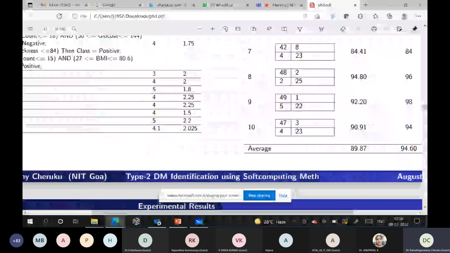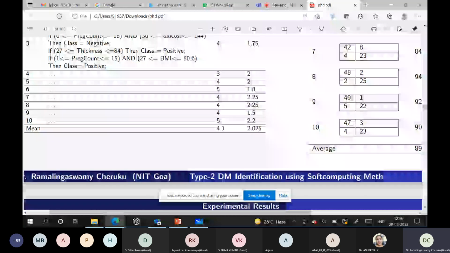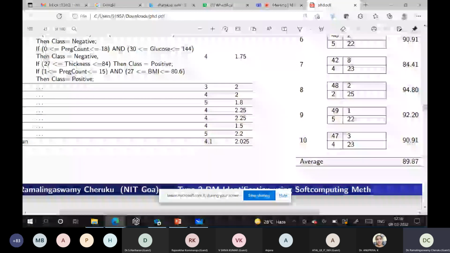And if you take the average value after 10 folds, on average the number of rules in our data is 4, and the average rule size is 2.